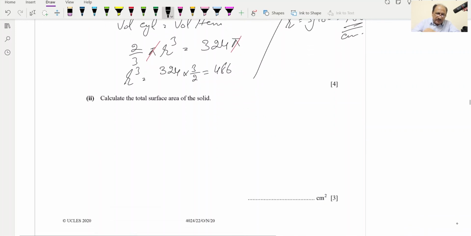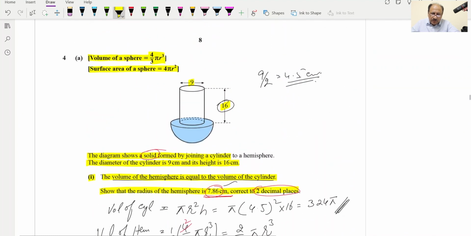So now next thing is the second part: calculate the total surface area of the solid. Now the solid is one shape, this one, which is a hemisphere. The surface area of a sphere is 4 pi r squared, which is equal to 4 pi, and r is 7.86.